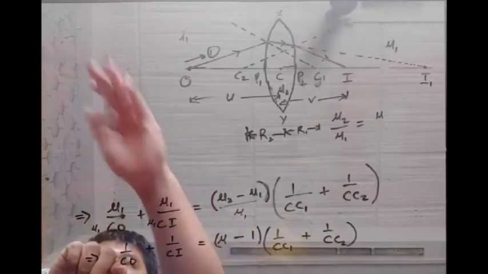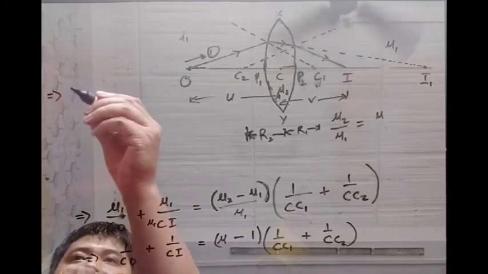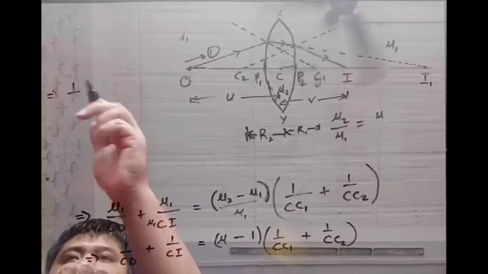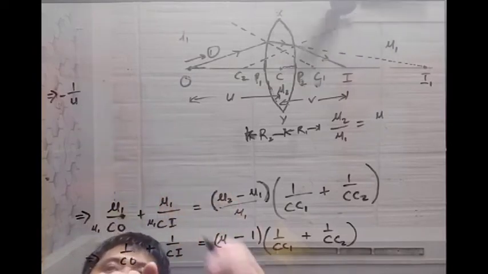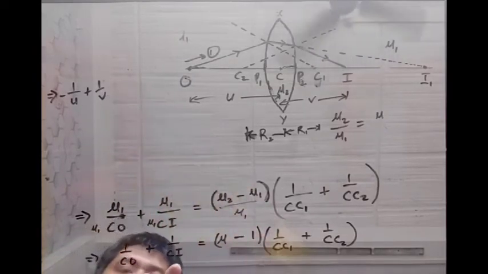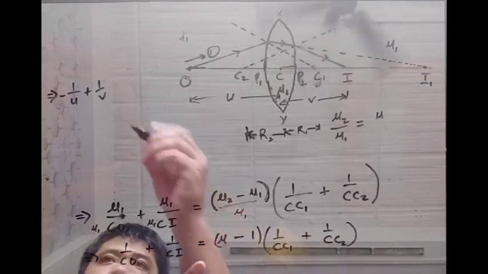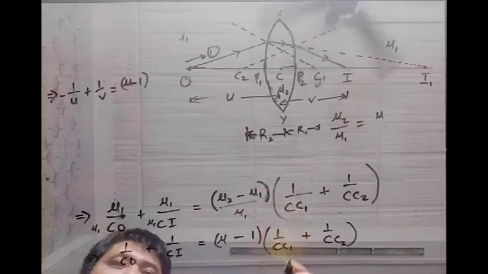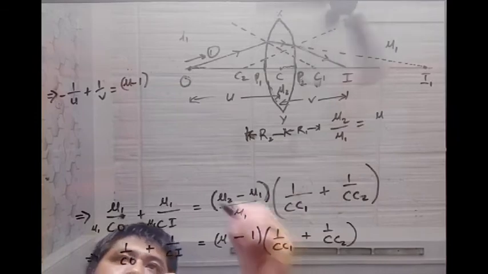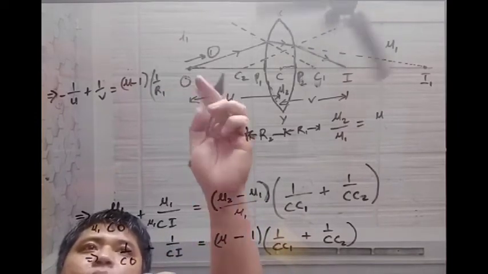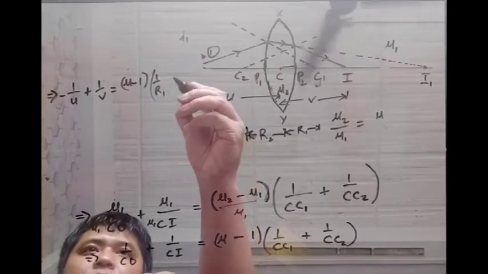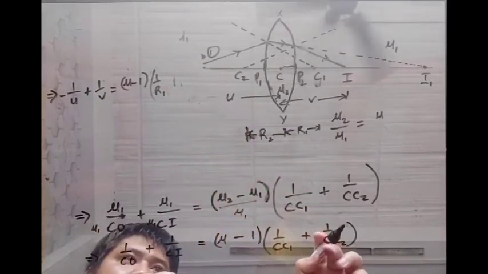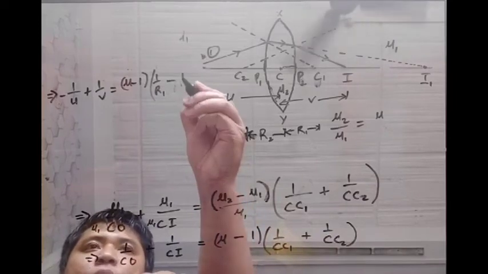CO is minus U, so we can write 1 by minus U plus 1 by V, CI is V, equals mu minus 1 times (1 by CC1, positive R1, so 1 by R1, plus 1 by CC2). CC2 is negative, so it will be negative, 1 by R2. Here we get this formula.